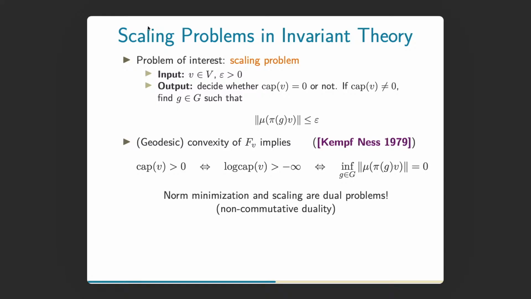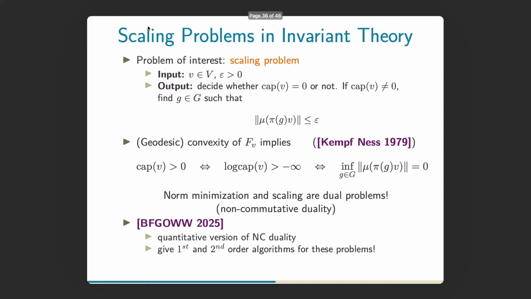Okay, and in this book that we're writing, we prove a quantitative version of this, which is a relation between how big the gradient norm is and the minimizer. And then we also give first and second order algorithms for these problems in this very general setting.